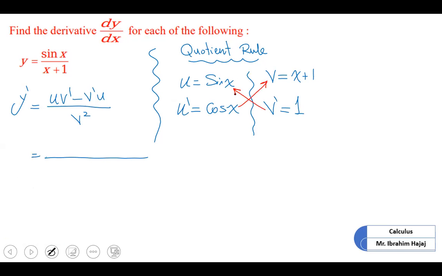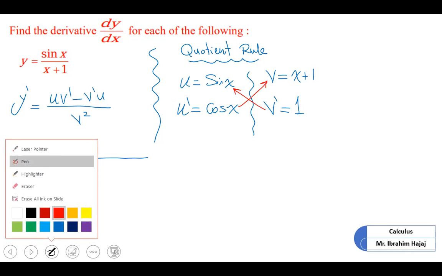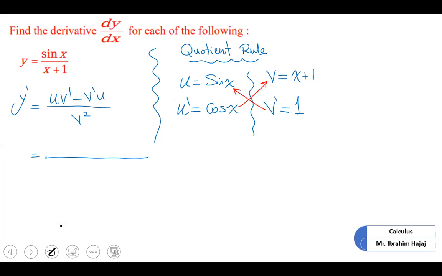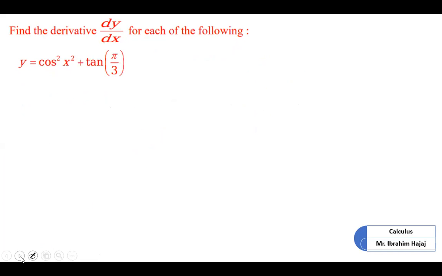So simply we can write it as cosine x times x plus 1, or x plus 1 cosine x, the same, then minus the v prime, which is 1 times the u, which is sine x, and this all over v squared. V here is x plus 1, so we're going to square it. It will be x plus 1 all squared. Leave your answer in this form, no problem, it's going to be correct. Next question.